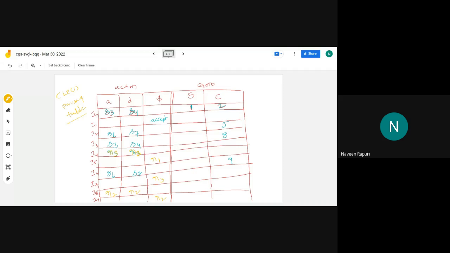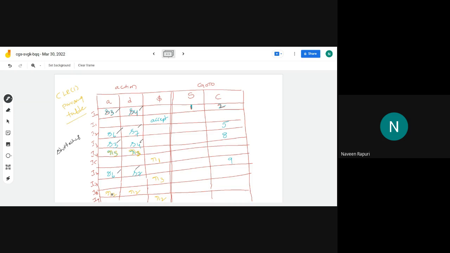Here we can check how many shift actions are there, how many reduce actions are there, how many go to actions are there. So how many shift actions are there, sir? 1, 2, 3, 4, 5, 6, 7, 8. So shift actions equals 8.